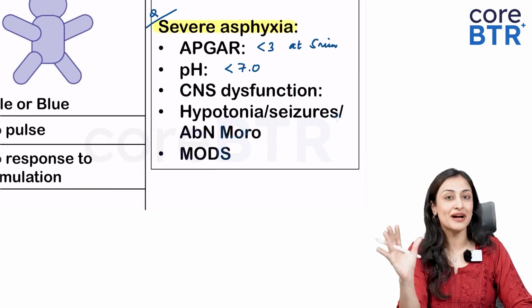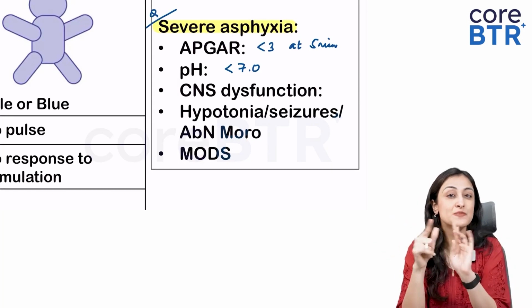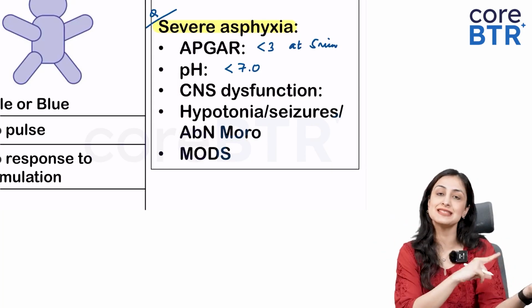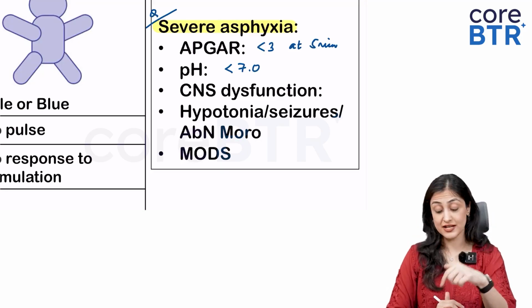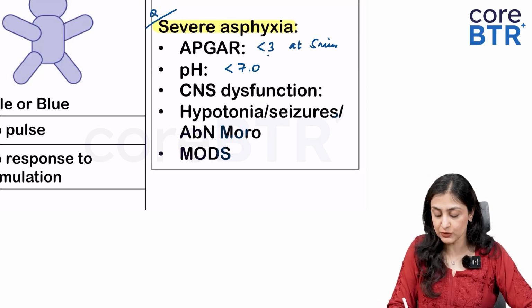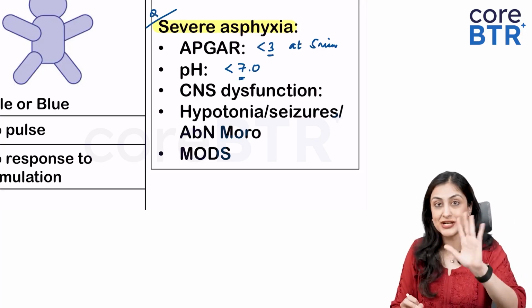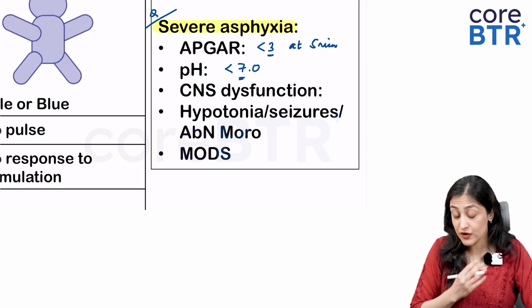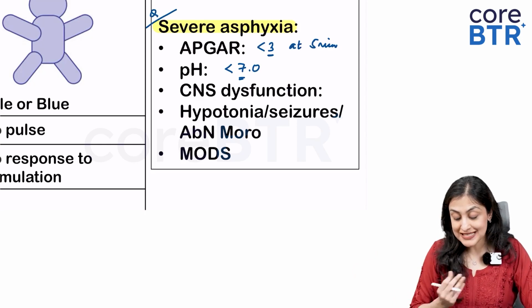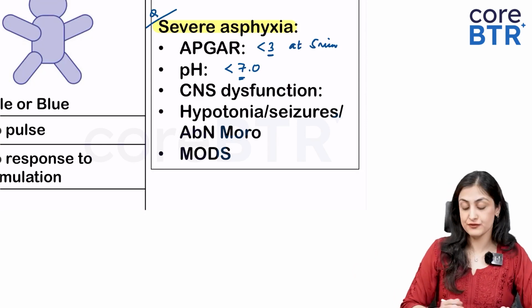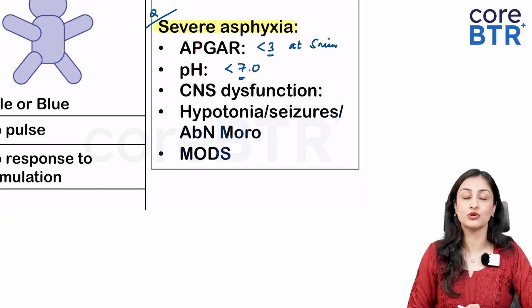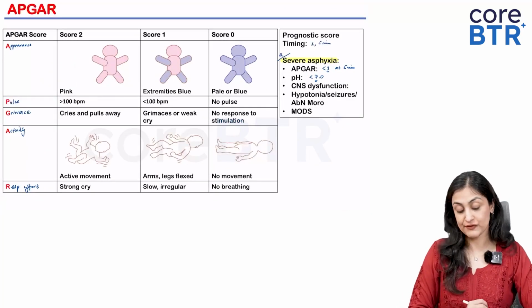Remember, in the trauma triad of death, we have metabolic acidosis, that's 7.2, coagulopathy and hypothermia, that's 35 degrees Celsius. This is 7. So you remember, both 3 and 7, right? No decimals. Signs of CNS dysfunction, which could be hypotonia, seizures, or abnormal Moro, or any multi-organ dysfunction. So 2 numbers mainly you need to remember for signs of severe asphyxia.